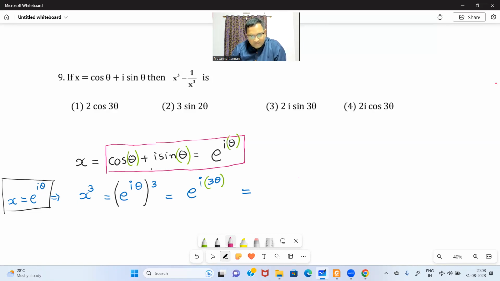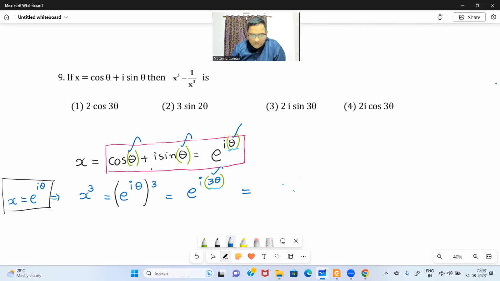What will be e power i 3 theta? In place of theta, I am having 3 theta now. So what you should do? If I have theta here, I will substitute theta here.